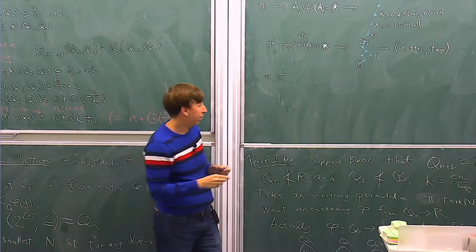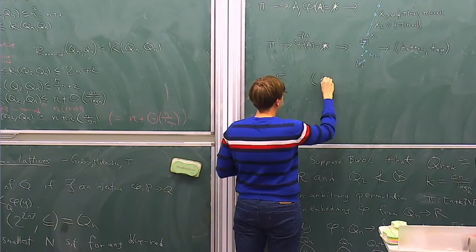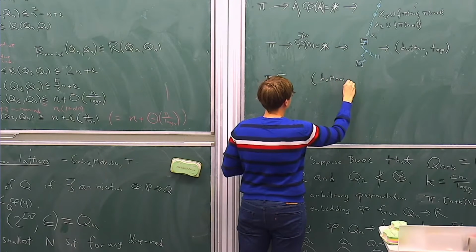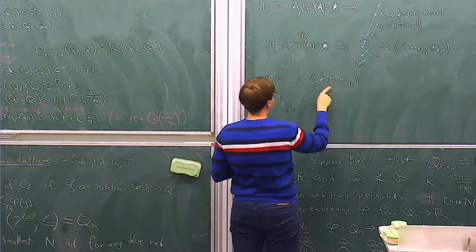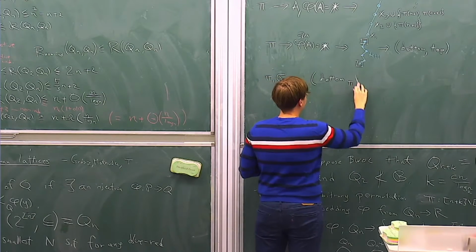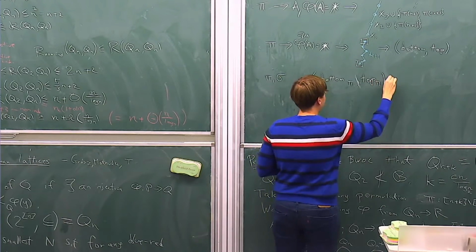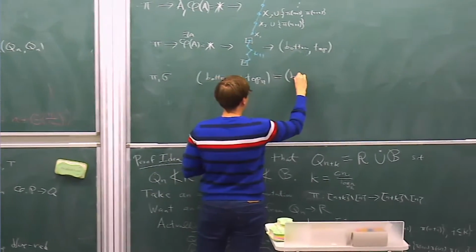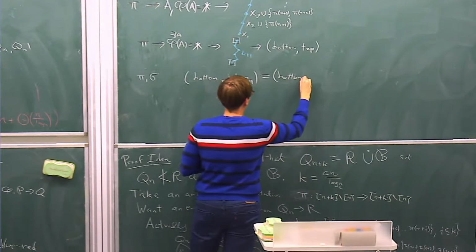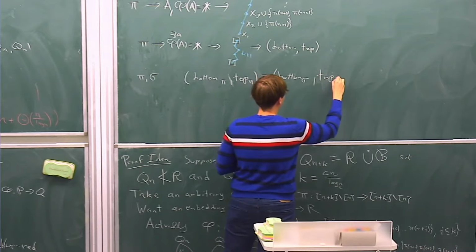So let me write it this way. Could we have the bottom that we get from permutation pi, and the top that we get from permutation pi, equal the bottom that we get from permutation sigma, and the top that we get from permutation sigma?